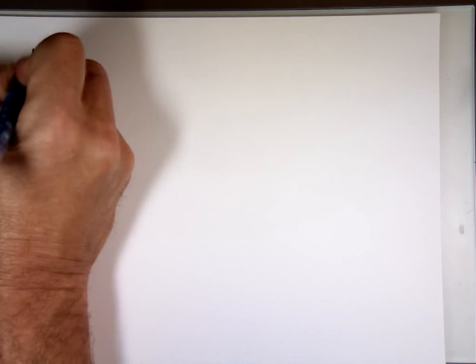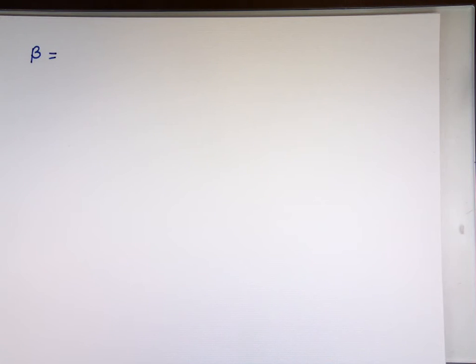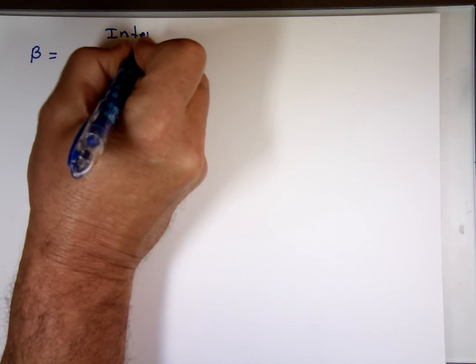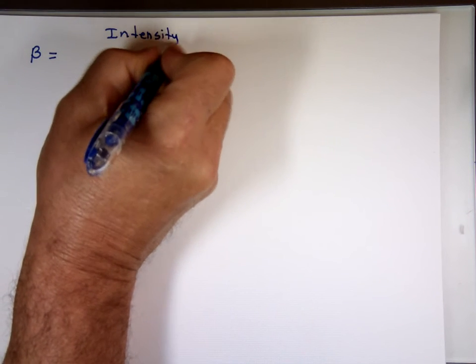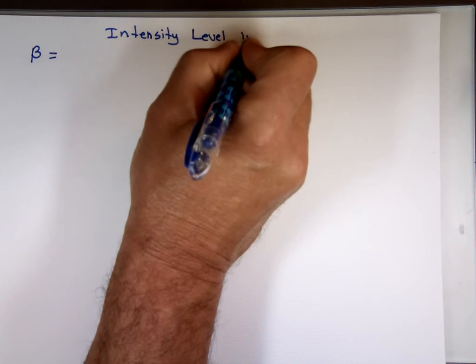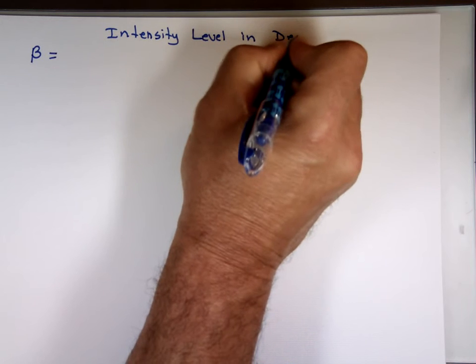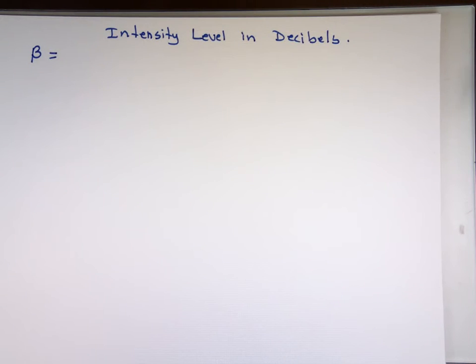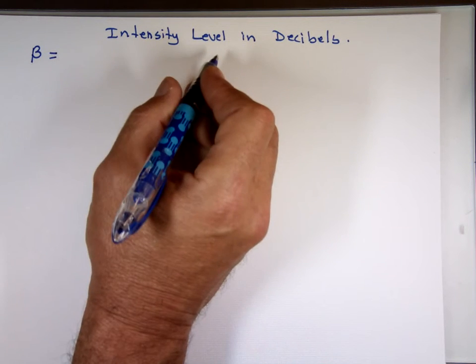We measure the noise in decibels. We use beta. This is the intensity level in decibels, and we call the intensity level beta.